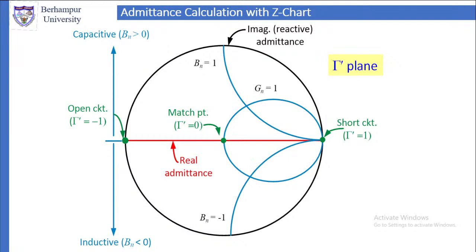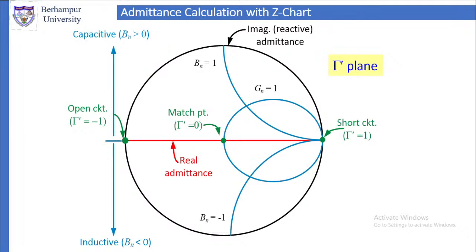If you remember, if it is capacitive, then Xn is equal to minus j by omega C. Now if I invert that, that will be minus omega C by j, which is omega C, minus will go out, it will be j omega C. So when we invert capacitive reactance, it gives us capacitive susceptance. Therefore, if Bn is greater than 0, then it will be capacitive. So the upper part will be capacitive, and the lower part similarly will be inductive.